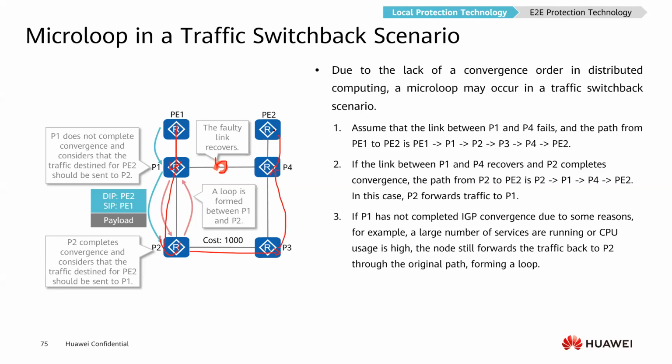This is the traditional one. Then this is recovered, and P2 first finishes the recovery. P2 knows, okay, this is recovered. I should send back to here, but P1 has not finished the recovery. So I will send to P2. So it will occur the loop.